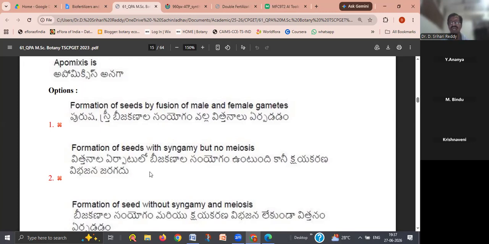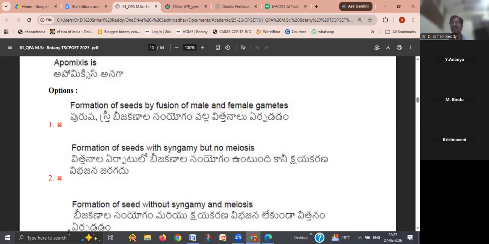The diploid megaspore mother cell, instead of undergoing meiosis, directly forms a diploid embryo sac or diploid female gametophyte. Sometimes it directly forms the embryo. That is also called diplospory. It forms a diploid embryo without fertilization and without meiosis.